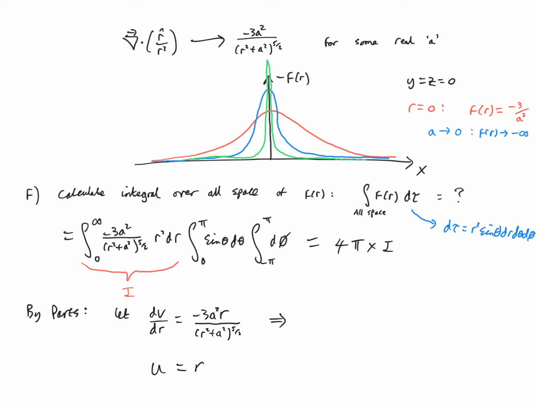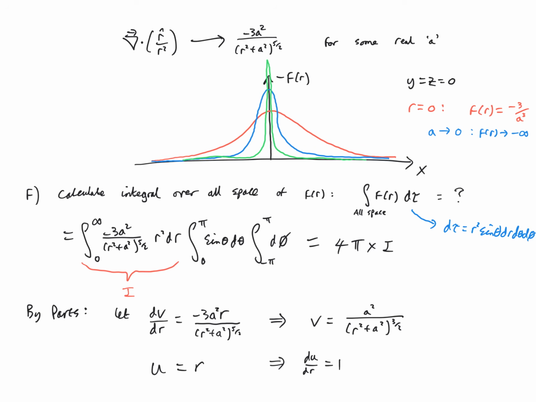If dv by dr is this object, then v itself is the indefinite integral, which is an easy one to do, and that's because, cleverly, I chose there to be a factor of r upstairs in this factor. If u is equal to r, then du by dr is just equal to 1.